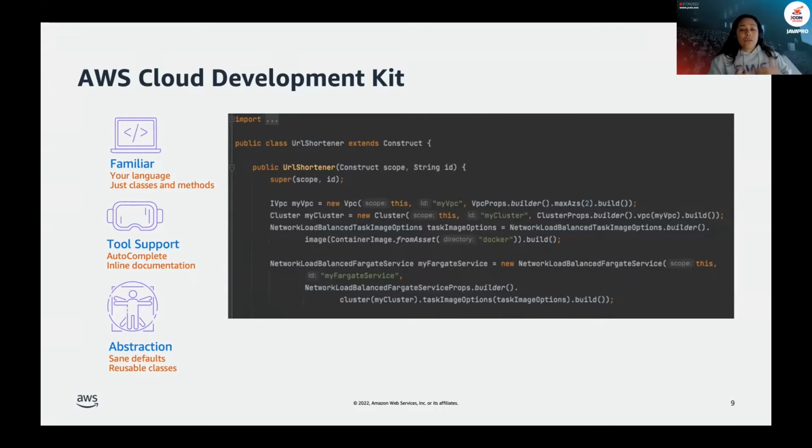CDK will actually assume a lot of sane defaults if you don't provide all the other properties that are required. So it's going to make those assumptions for us. It's going to be a little bit opinionated in what it does unless we tell it otherwise. And as I said, it's based on components. So all these classes that we're going to implement are going to be reusable, and that's going to make the development of infrastructure as code much easier.